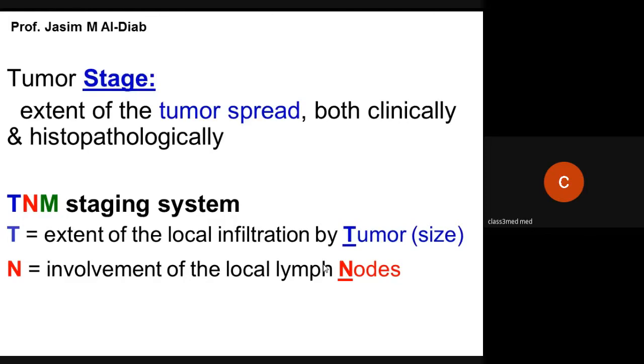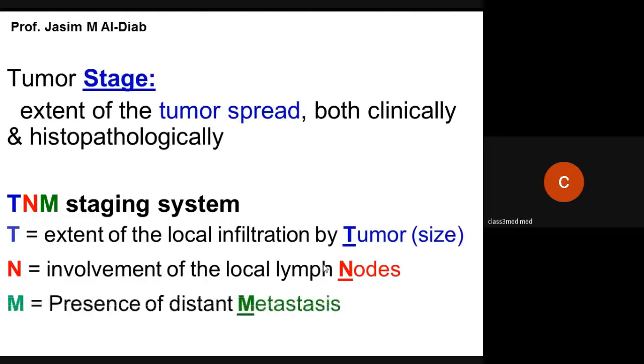More than 3, meaning 4 to 9 lymph nodes in which we found metastatic carcinoma, we give N2. More than 9, we give N3, and so on. So N refers to the involvement of the local lymph nodes. But if carcinoma of the breast is found in the inguinal lymph node, what do we consider it? Distant metastasis. Okay? So N refers to the local lymph nodes.